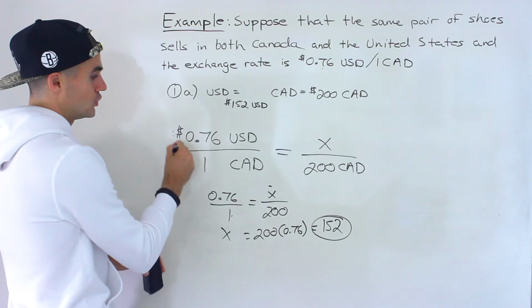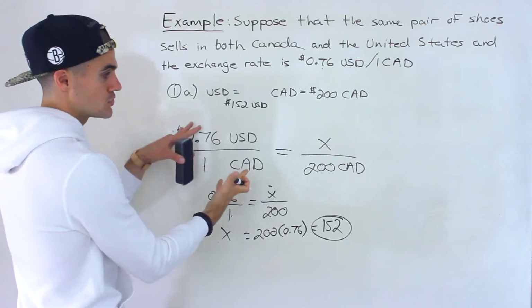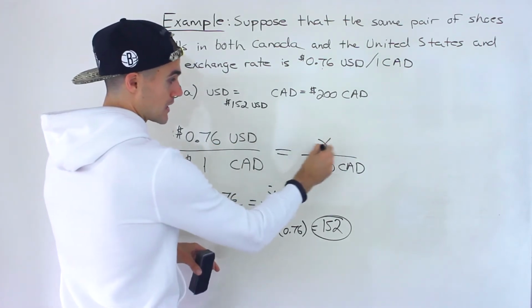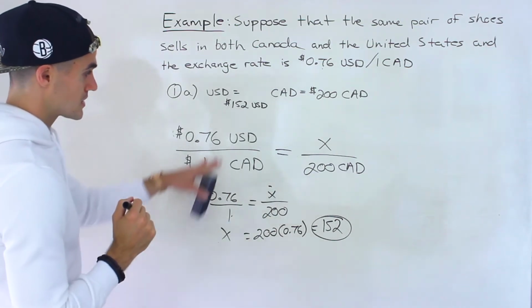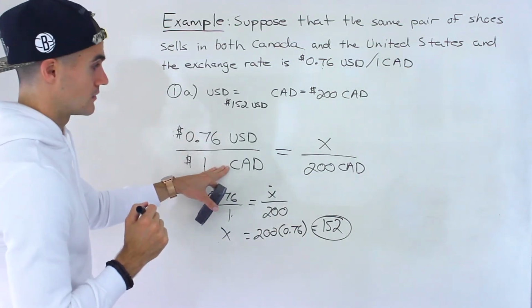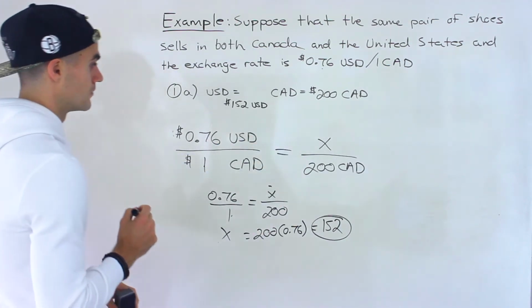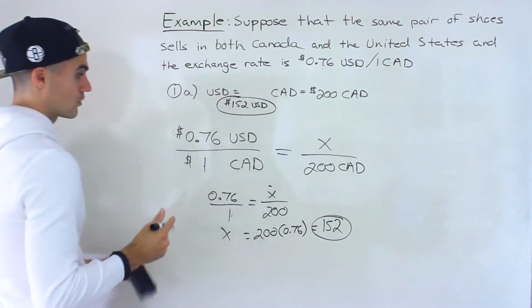You'd have $1.20 CAD per 1 USD, and then you would just use that exchange rate. And then the numerators would then be in CAD, the denominators would be in USD. But in this case, we're given USD per CAD. And so when we're solving, you just want to make sure that that's in line right there. Right? So that's the answer for 1A.